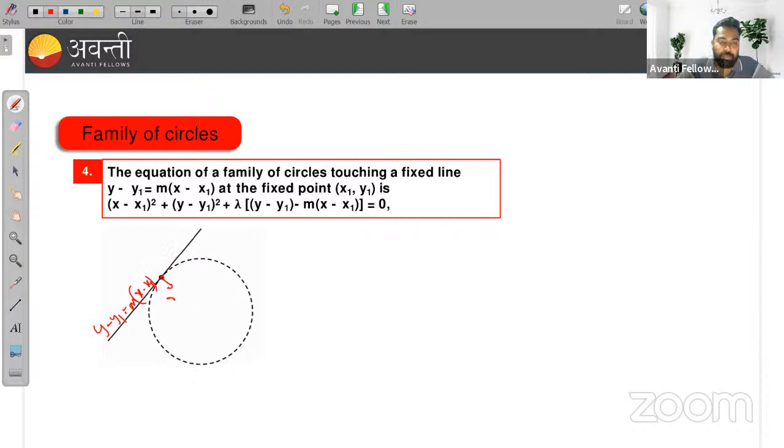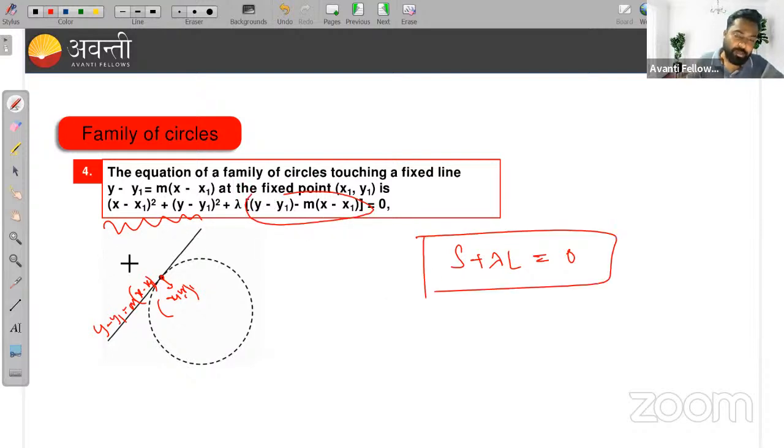The equation is x minus x1 whole square plus y minus y1 whole square plus lambda into y minus y1 minus m into x minus x1, that is S plus lambda L is equal to 0. This is my S, and this is my equation of the line.